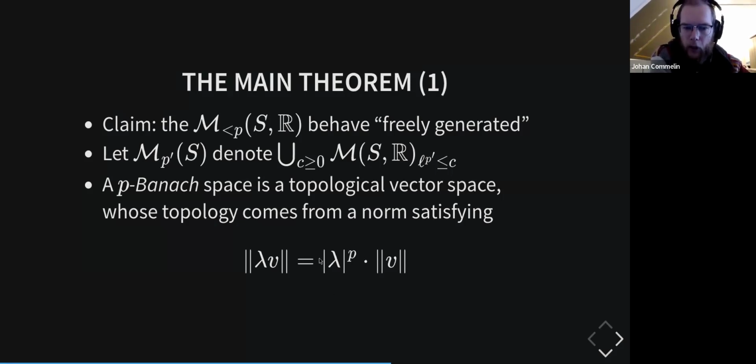Normally, if you multiply a vector by a scalar and take the norm, that's the same as taking the norm of the vector and multiplying by the absolute value of the scalar. But now we raise the absolute value of the scalar to the power p. And if p is less than 1, this gives you a non-convex scaling behavior.